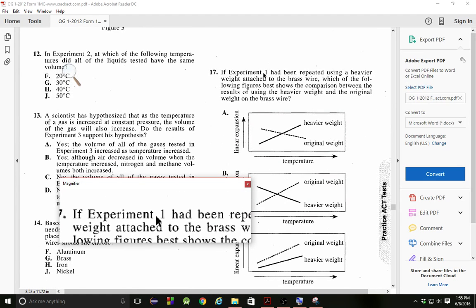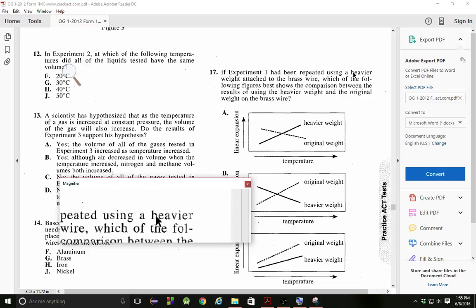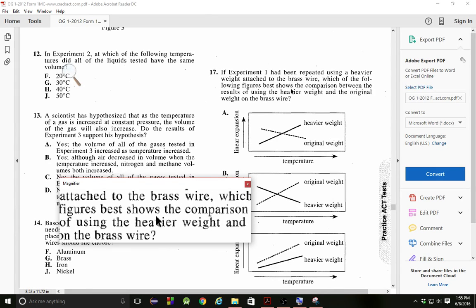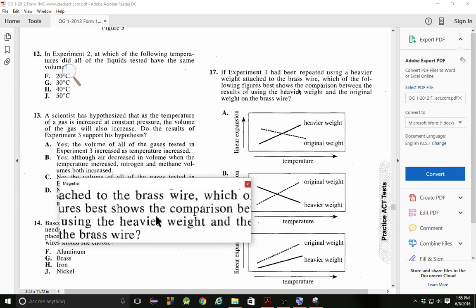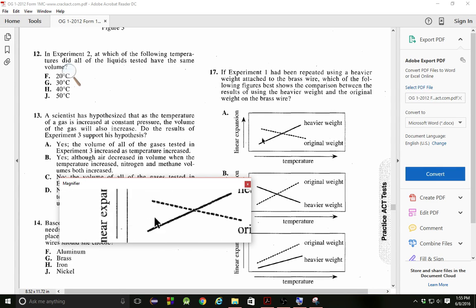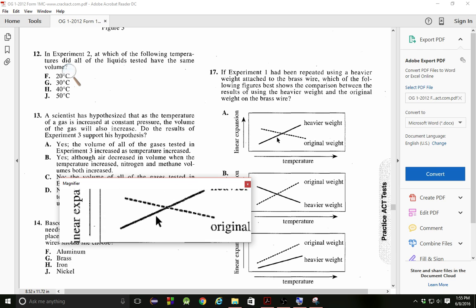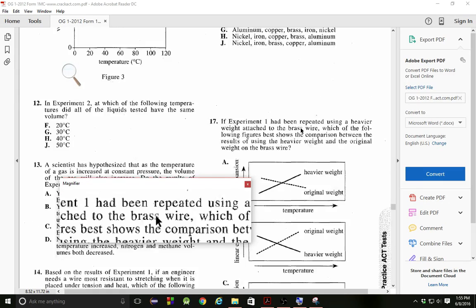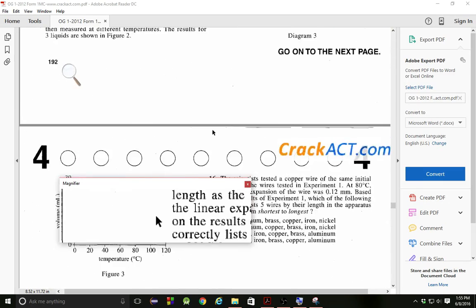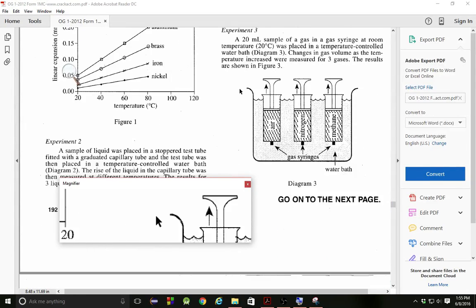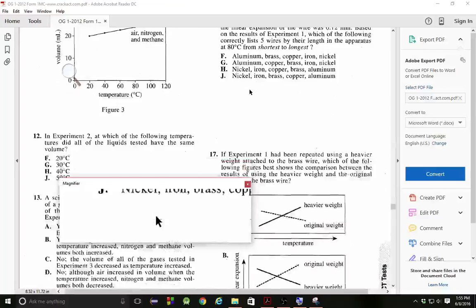If experiment 1 had been repeated using a heavier weight attached to the brass, which of the following figures best shows the comparison between the results of using the heavier weight and the original weight of the brass wire? Well, linear expansion increases as temperature increases in the original weight.